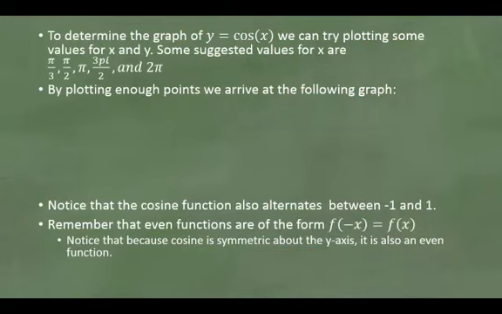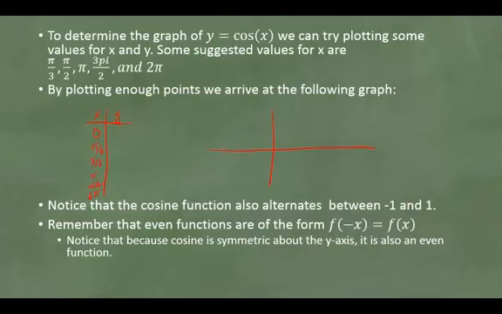Now we can try the same thing for the graph of cosine. We can plot points, x and y values. We're going to try the same ones: 0, pi over 6, pi over 2, pi, 3 pi over 2, 2 pi. You can use your calculator here.